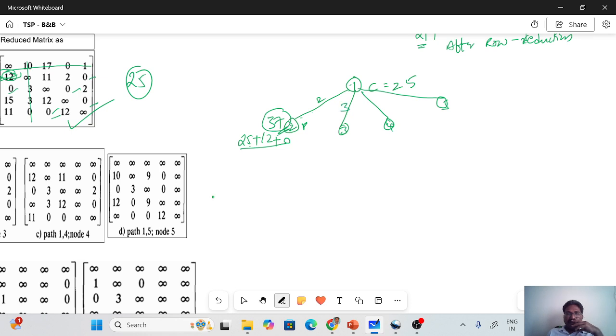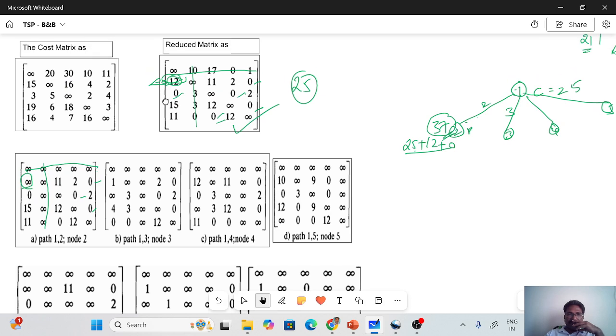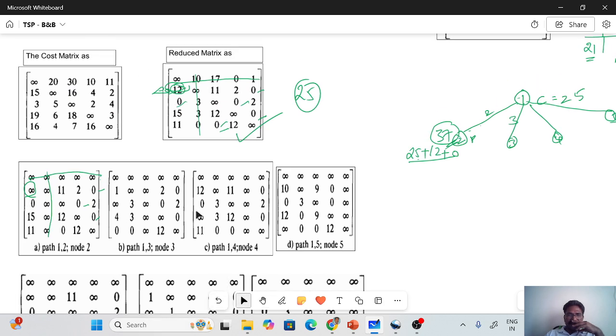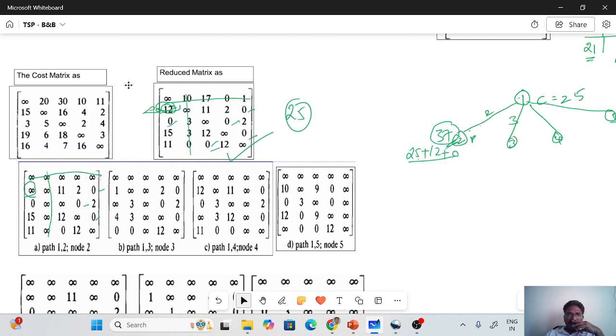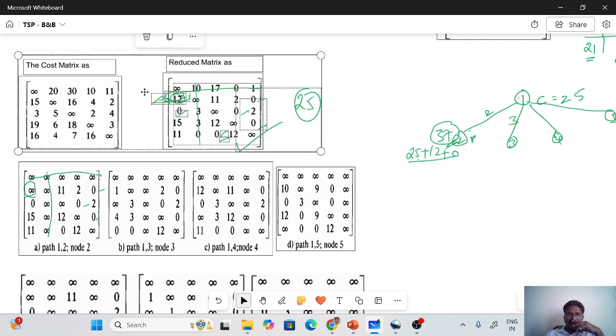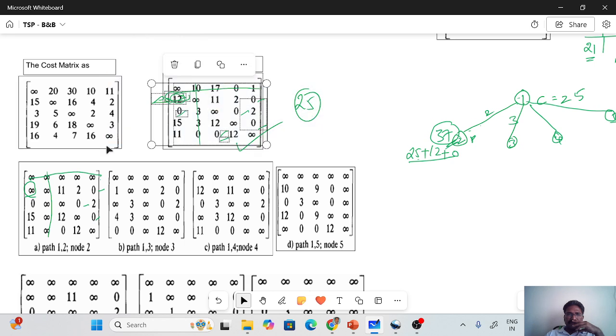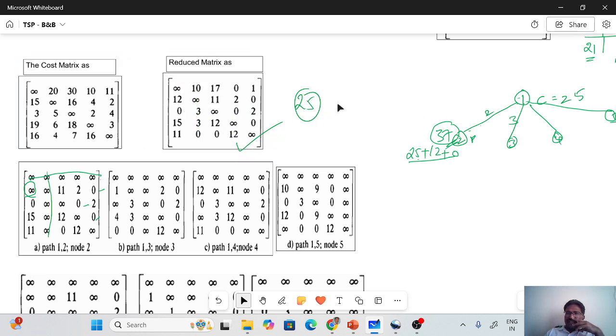1, 2, 3. So when you consider 1, 2, 3 from this cost matrix, the same you can apply: 1 and 3, where 1 is the row and 3 is the column.